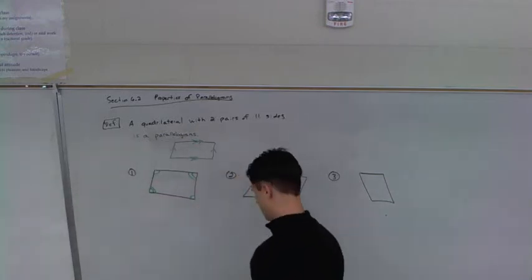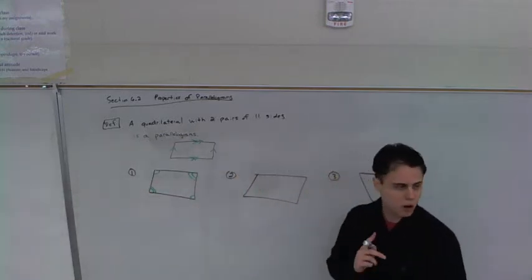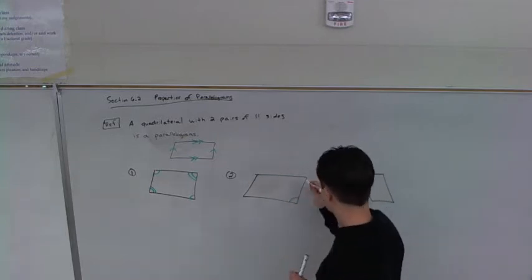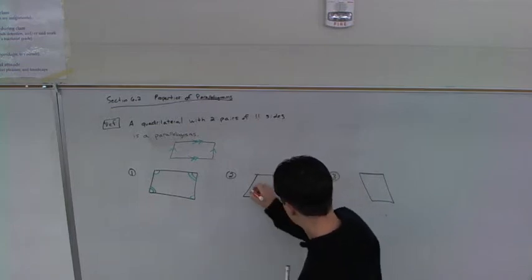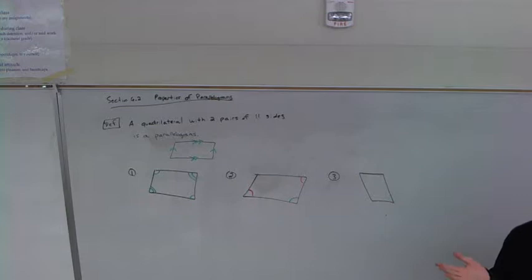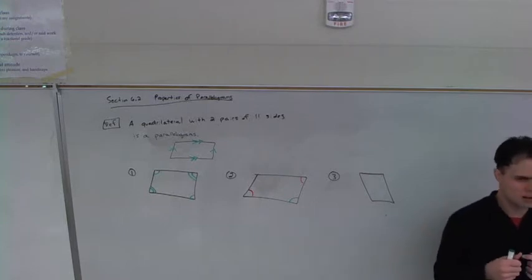Okay. If it's a parallelogram, you also know, now how you draw this is kind of different. It depends. It's kind of hard to draw. But if it's a parallelogram, you know that consecutive angles, what's consecutive mean? In a row.